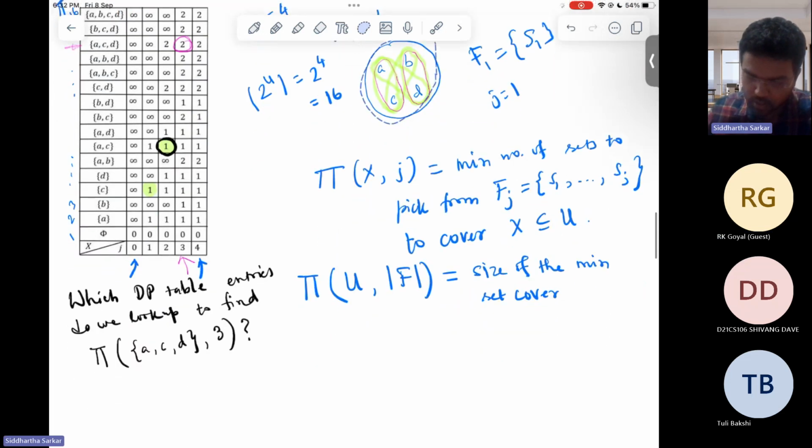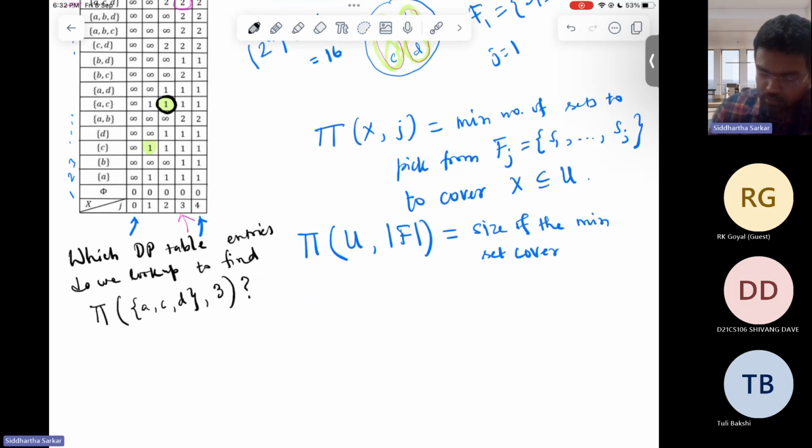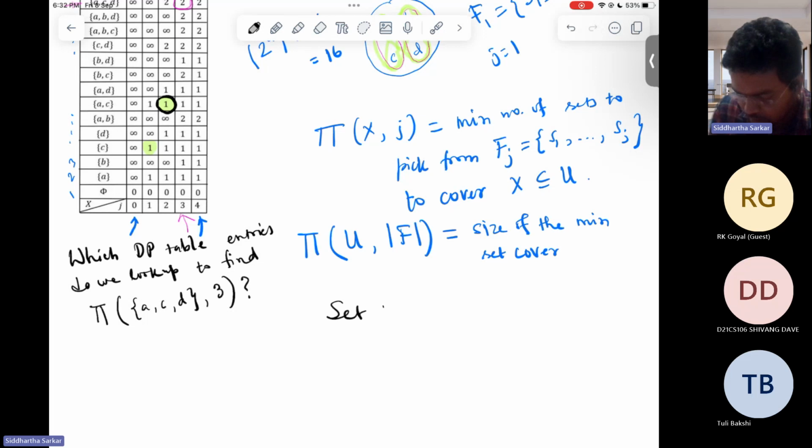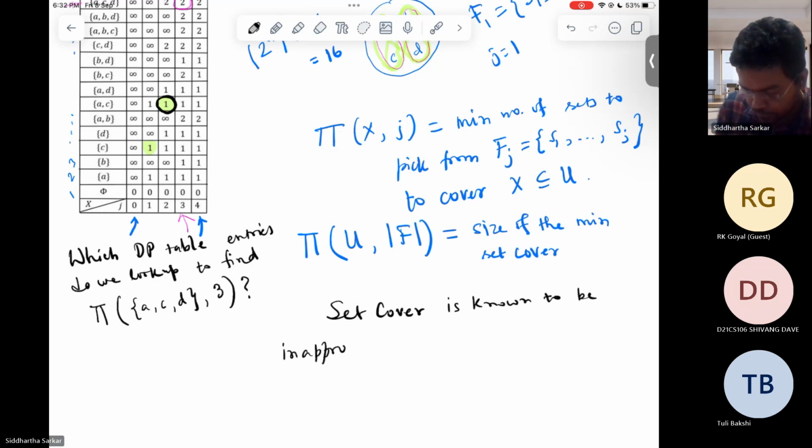Set cover is one of the hardest problems in the theory of approximations. It is a classical problem from the set of NP-complete problems given by Garey and Johnson. Set cover is known to be inapproximable below a logarithmic factor. I will explain what it means.